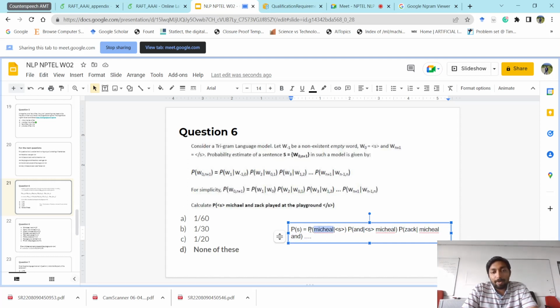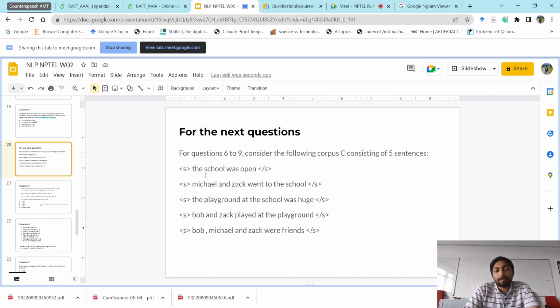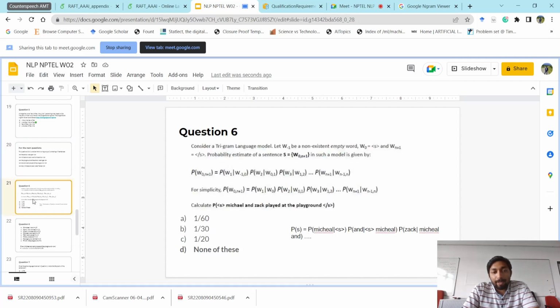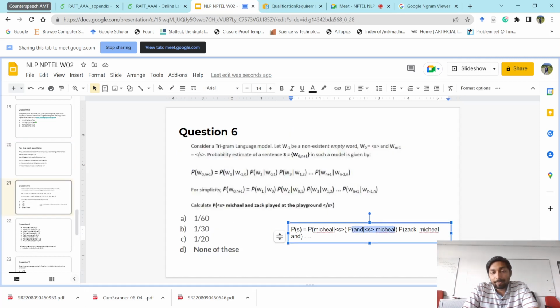So how will this probability be reached? You have to go back here, select all the trigrams and see. For example, let us take P of Michael given $S comma... We have to select all instances of starting token and Michael.